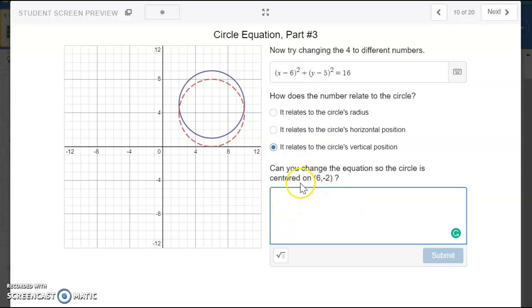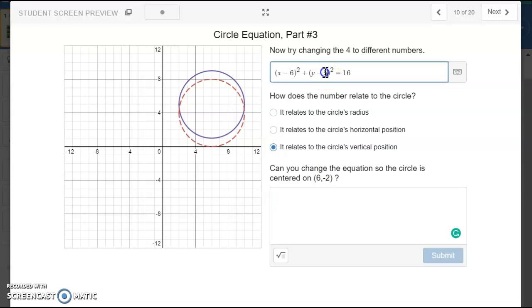And then it's asking you, can you change the equation so the circle is centered on 6, -2? What do you think? Well, currently it's 6, 5. So if I want -2, if I put just 2 here, the center is going to be +2.